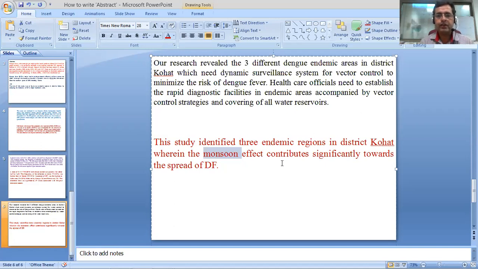They flourish in this season, and that's why post-monsoon season is very important. So it means that the monsoon season actually was responsible for accelerating the pace of this condition, and that's why more people were affected.